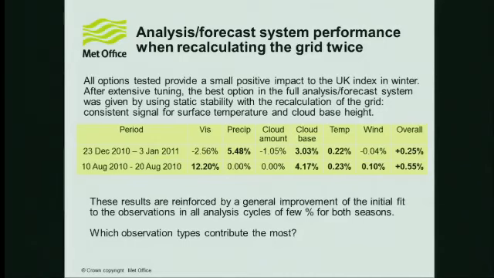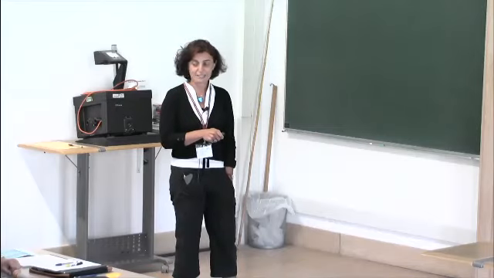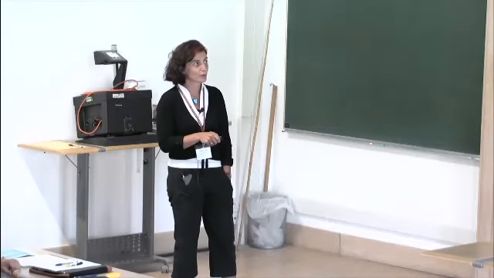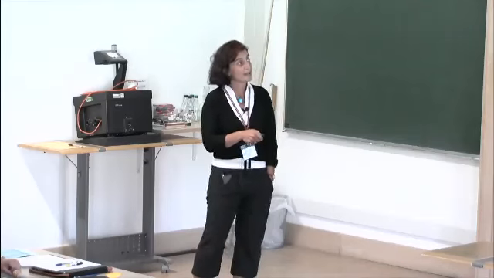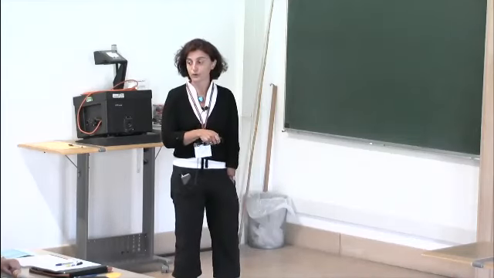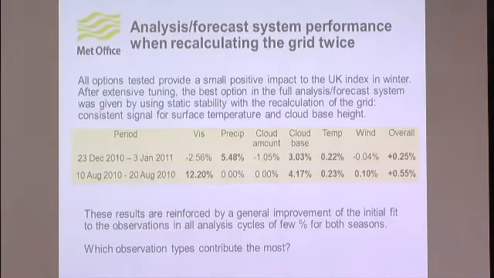What we can notice is that we have a benefit in almost all the fields for both periods, and overall a benefit, so we decided to implement it. This number seems small, but compared to what we forecast our benefit in a year to be, it is two thirds of what we forecast for the UK model. So it was quite a good achievement.